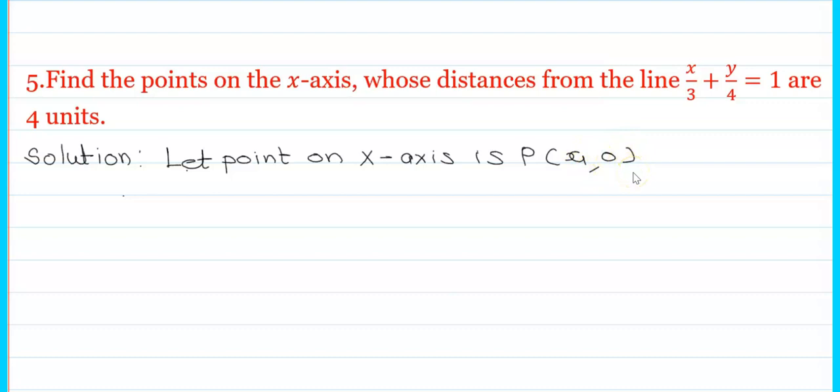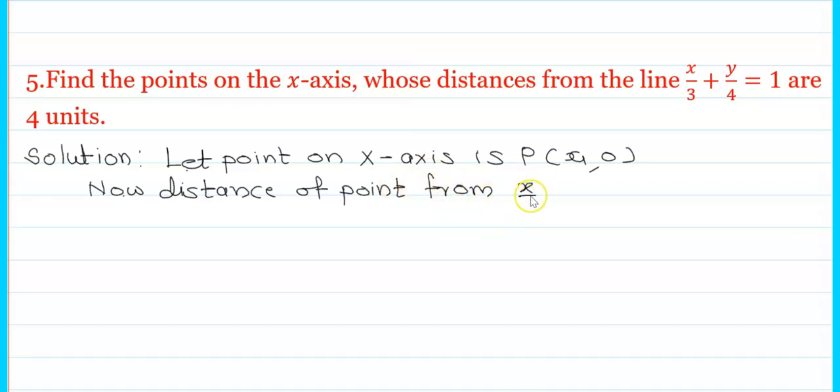Okay, now the distance of point from x upon 3 plus y upon 4 is equals to 1 is 4 units.